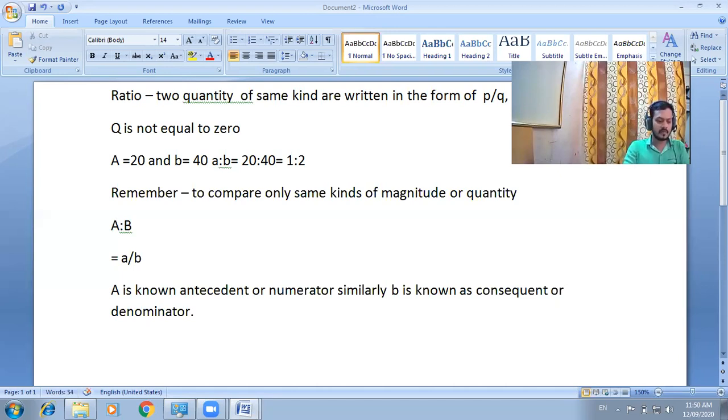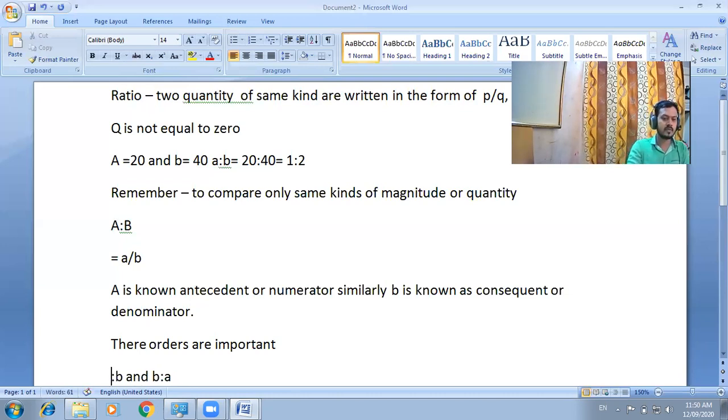So after that, the second important term is that their order is very important. Why? Because A to B and B to A, reply to me, are both the same?